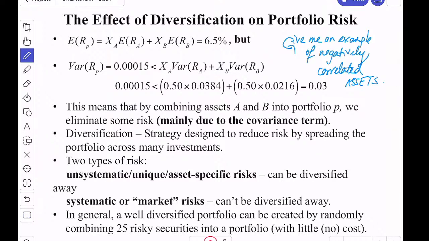Somebody? What would be an example of negatively correlated assets?